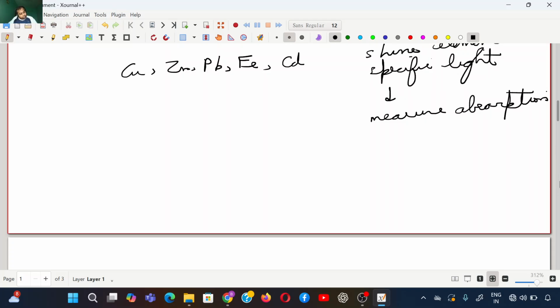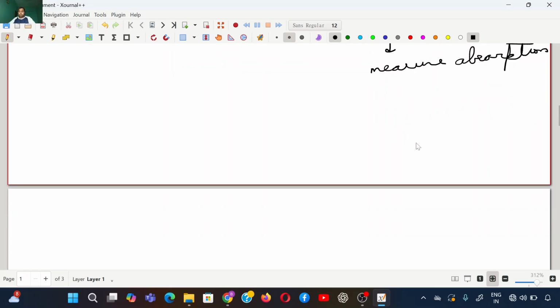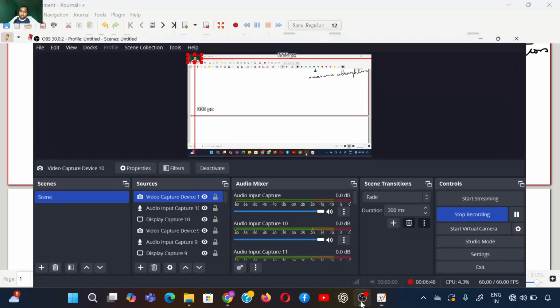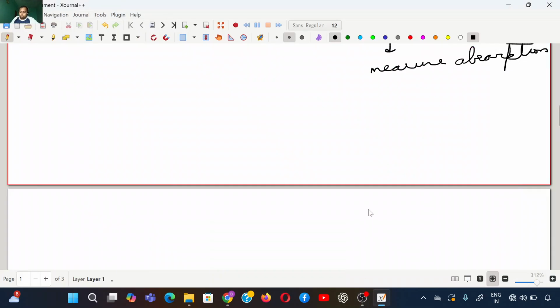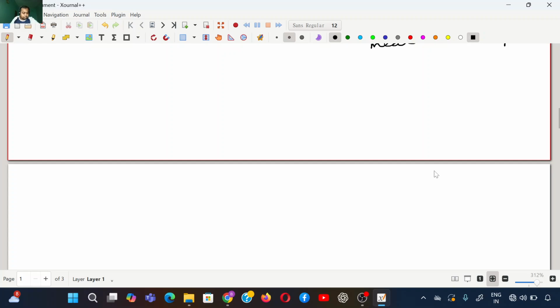I'll write down the step-by-step procedure that we have to go through in AAS. Basically I'm recapping whatever sir has covered, so it'll be just theory through this.